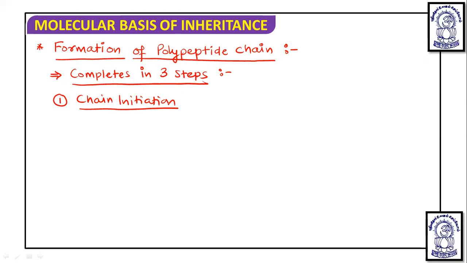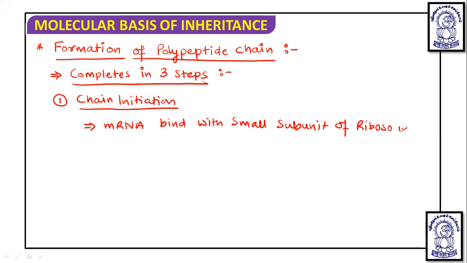In chain initiation, the first thing that happens is that the mRNA binds with the small subunit of the ribosome. You know that the small subunit of the ribosome is 30S or 40S.